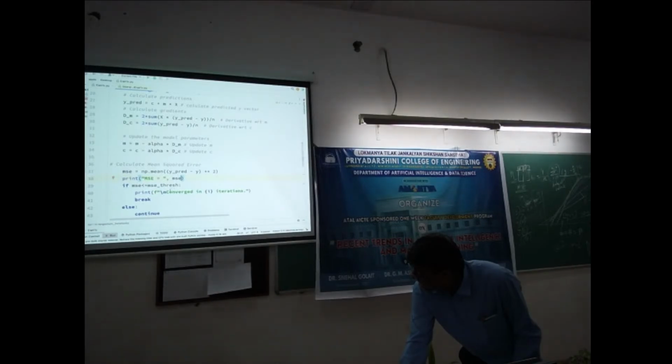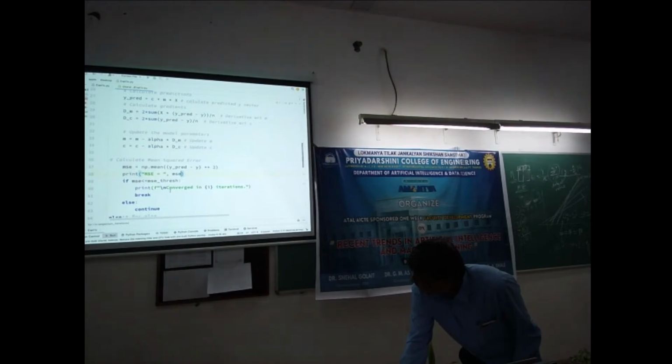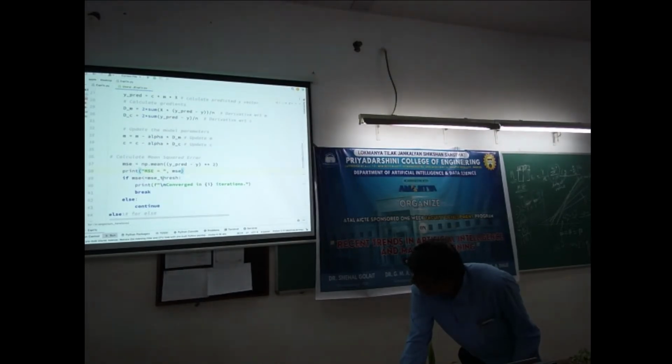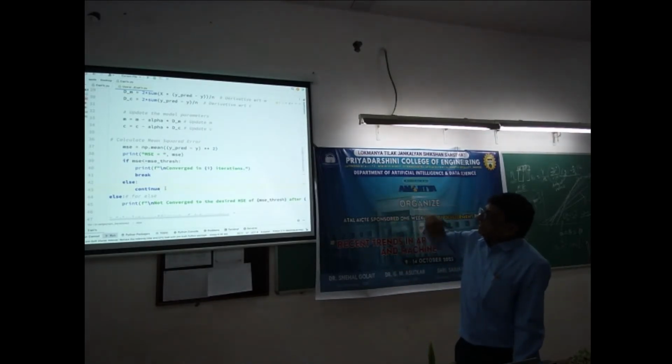That is my stopping criterion. But I will go up to a maximum of the number of iterations. So if MSE is less than or equal to the MSE threshold, then I will print and break. I will break the loop, that means it will come out of the loop. Else I am continuing, because the algorithm has not converged.